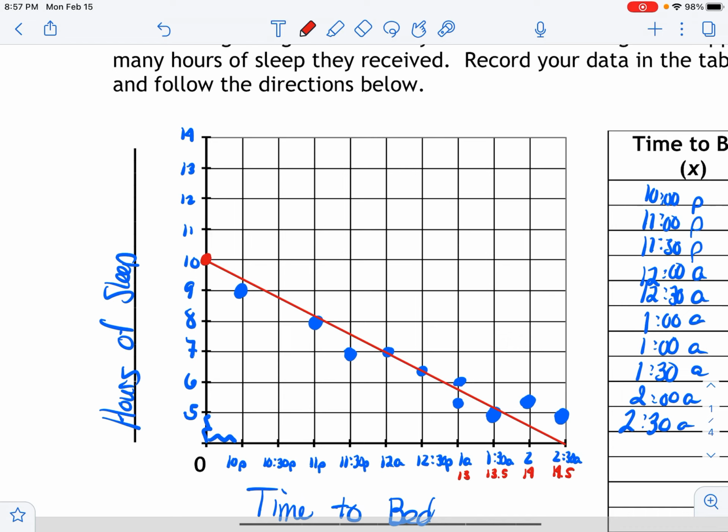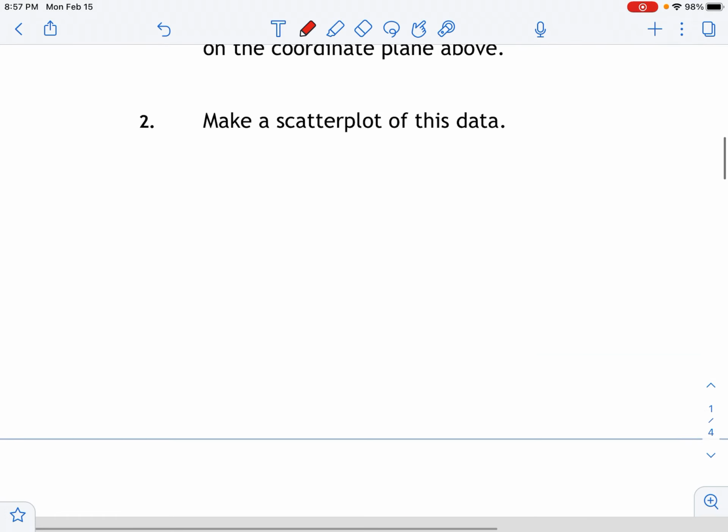We talked about that if your trend line goes through one of your data points, you may use that as an ordered pair. So I'm going to use the one here at midnight, 12 a.m., as my other point. So I'm going to use the points 12, 7 and 0, 10.